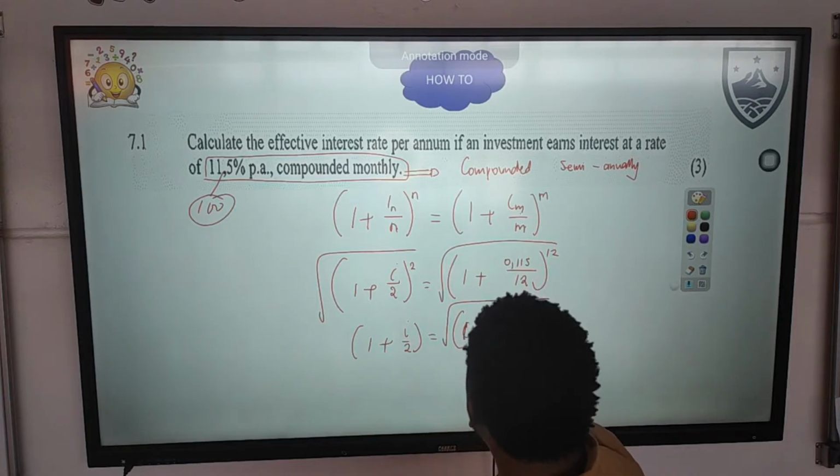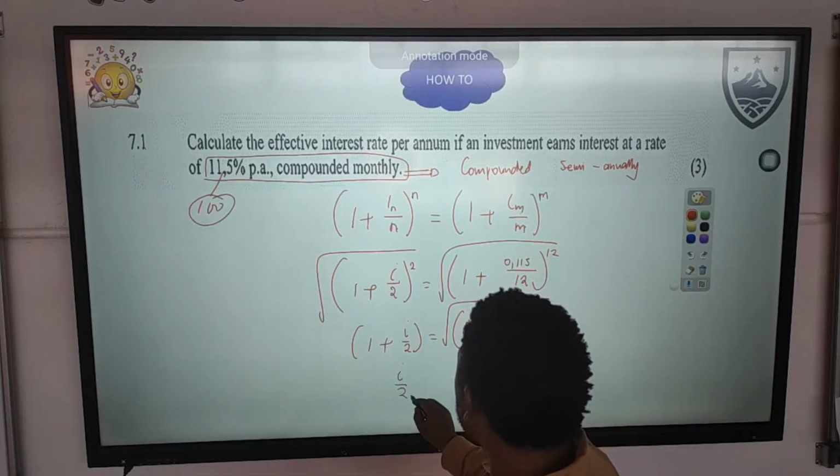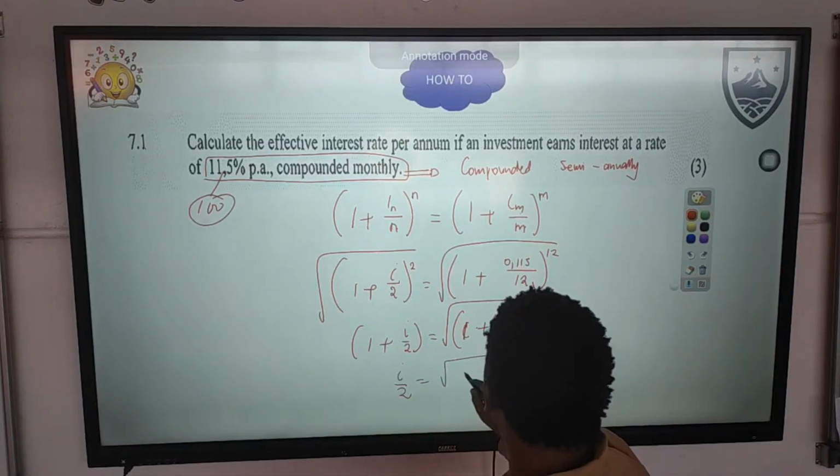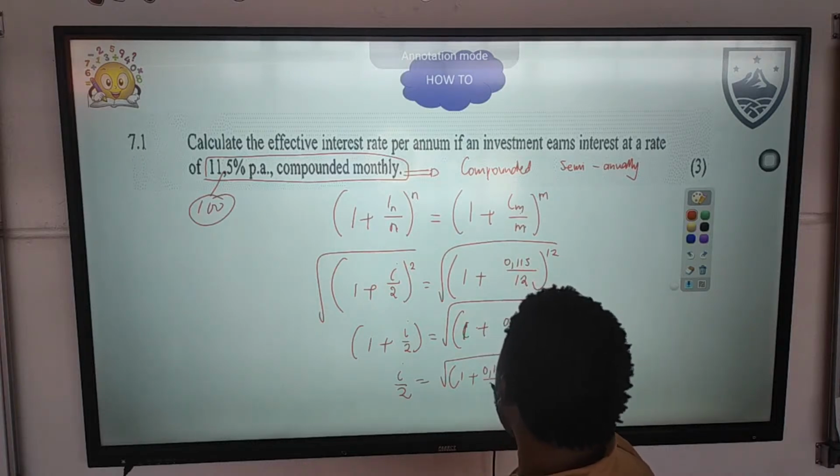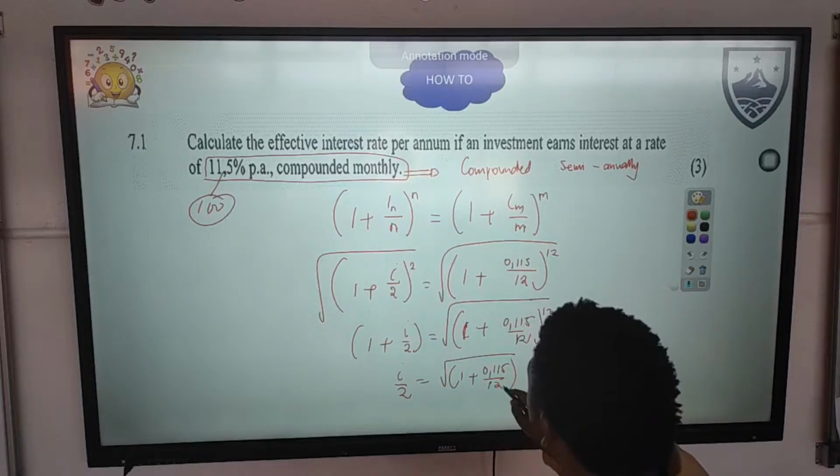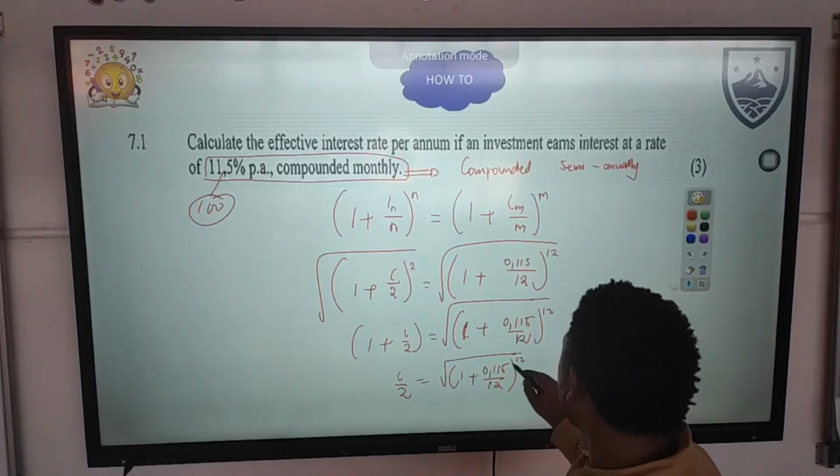And then I'll take the 1 to the other side. So i over 2 will be the square root of 1 plus 0.115 over 12 to the power of 12. I like using the calculator at the end so I don't lose any decimals.